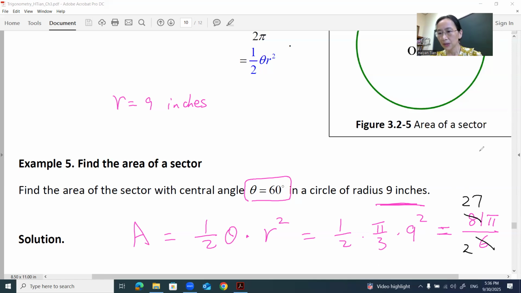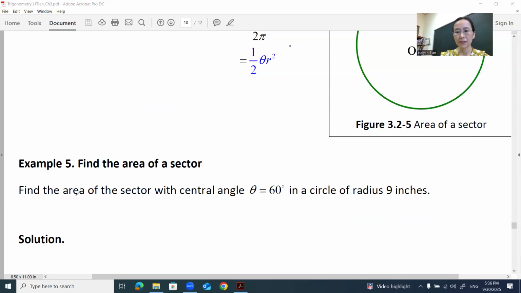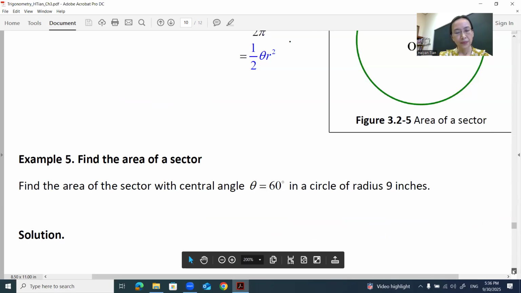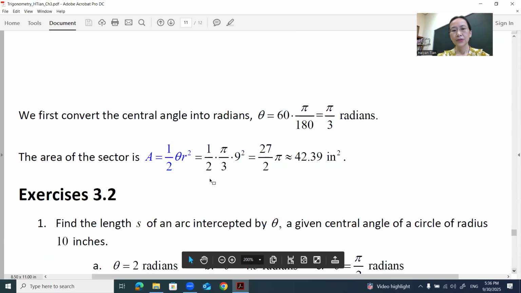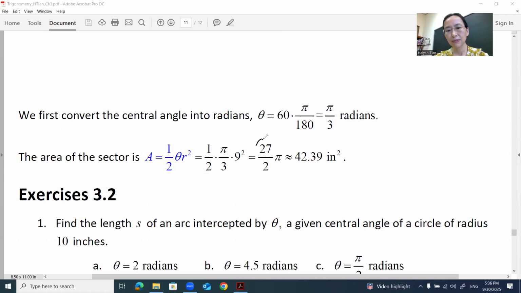So the final answer is 27 pi over 2. That's the area in square inches of the sector corresponding to the central angle. If you want, you can write it approximately as 27 times 3.14 over 2, which is approximately 42.39 square inches.